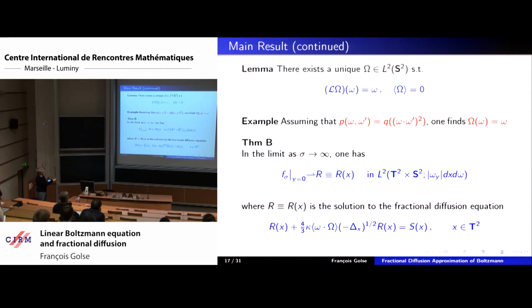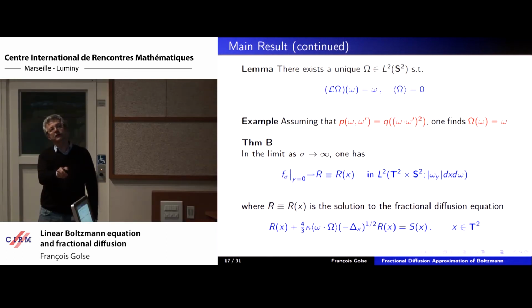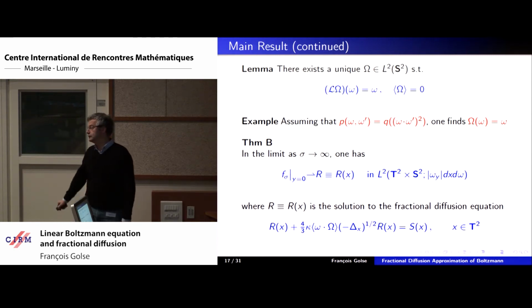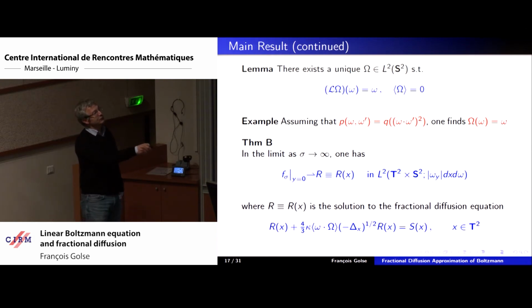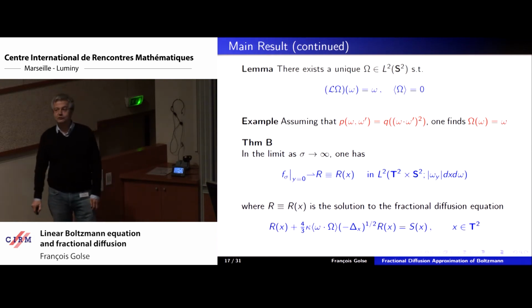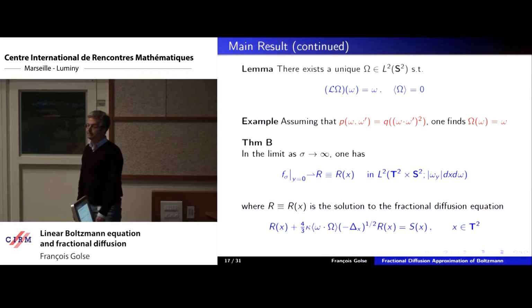The fact is that there exists a unique capital omega in L2 over the sphere, such that the linear Boltzmann operator applied to capital omega, component-wise, is equal to little omega, and uniqueness is obtained by postulating that capital omega should have average 0. Of course, this L has all the constants as its null space, and therefore, if you don't add this condition, then you have a one-dimensional set of solutions, right?